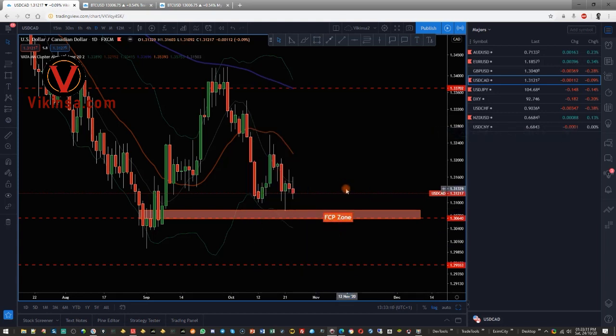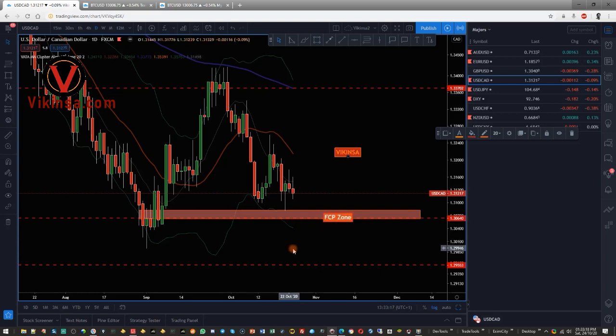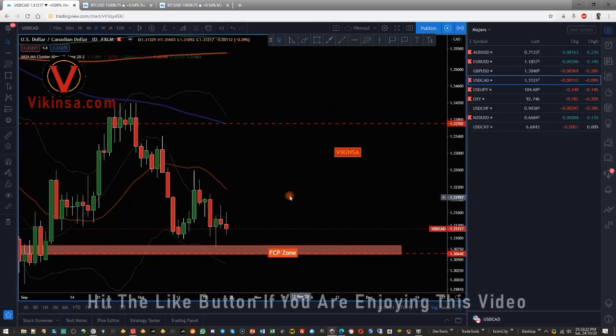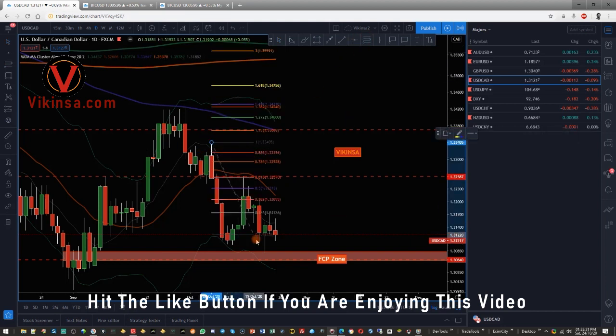We need a proper confirmation before we start to move upwards, and we can take a long position from here. If the market breaks through this and performs a retest, then we're looking for a short position, otherwise we're looking for a long. And you will also notice that market is creating a smaller W pattern here, so I'll put these levels in there which are of importance.